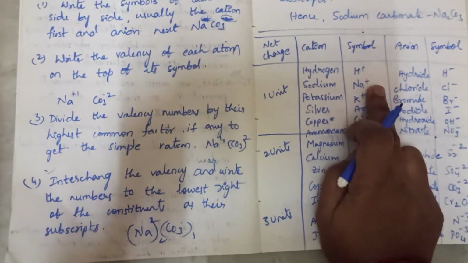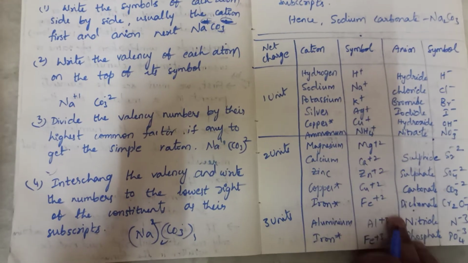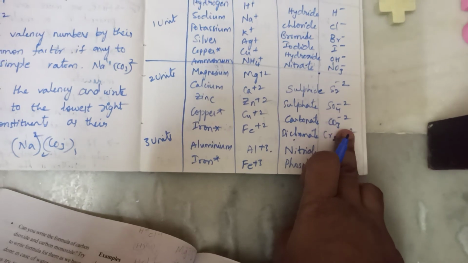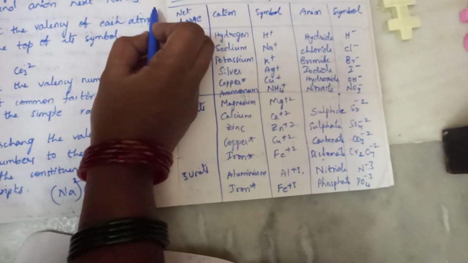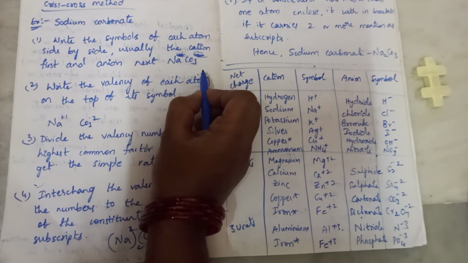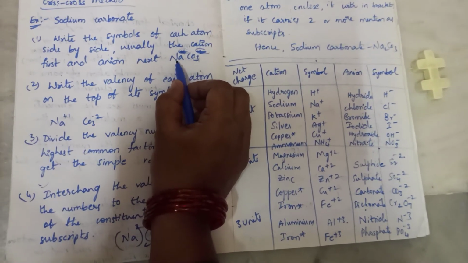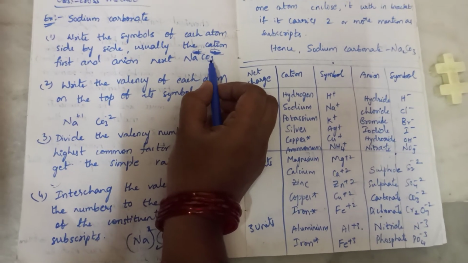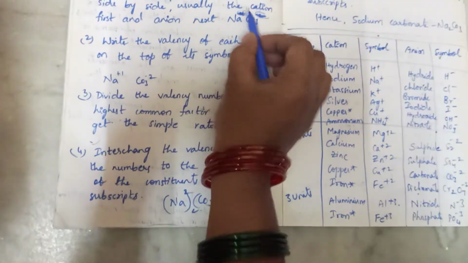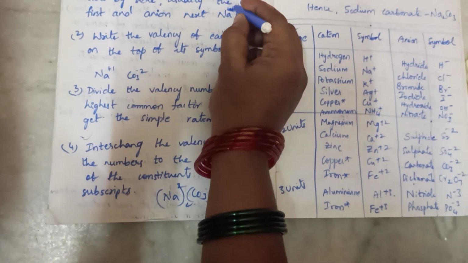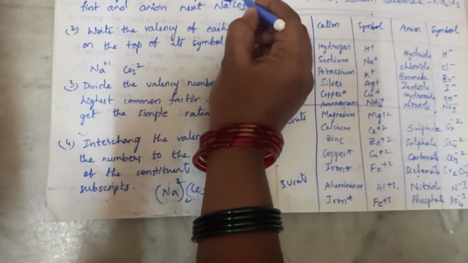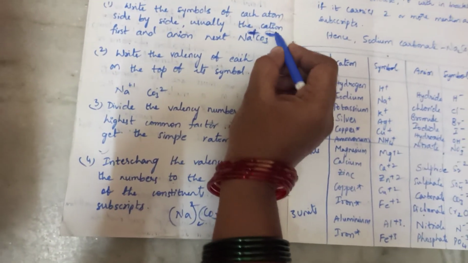Sodium valency we know is +1, and carbonate CO3 is -2. We have discussed this previously. Na, sodium, is the cation and CO3 is the anion, so I am keeping plus here and minus here. This is the positively charged cation and this is the negatively charged anion.